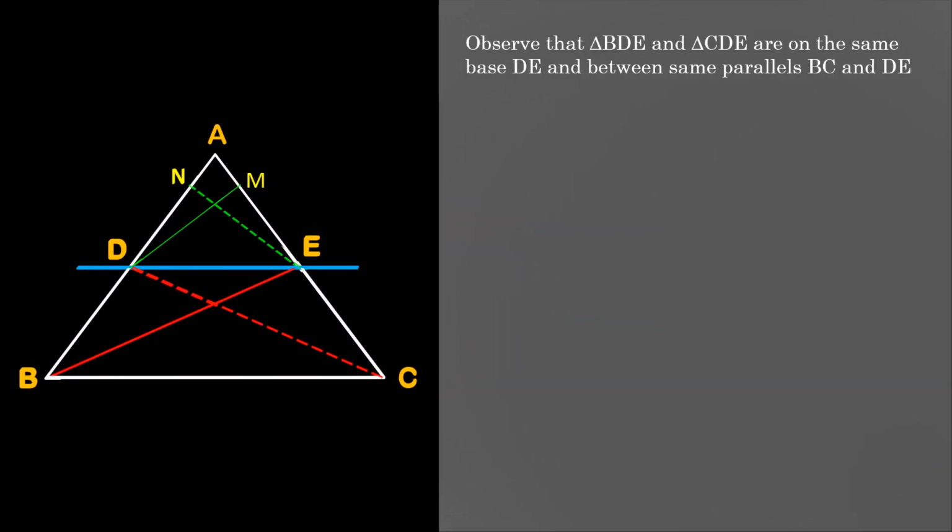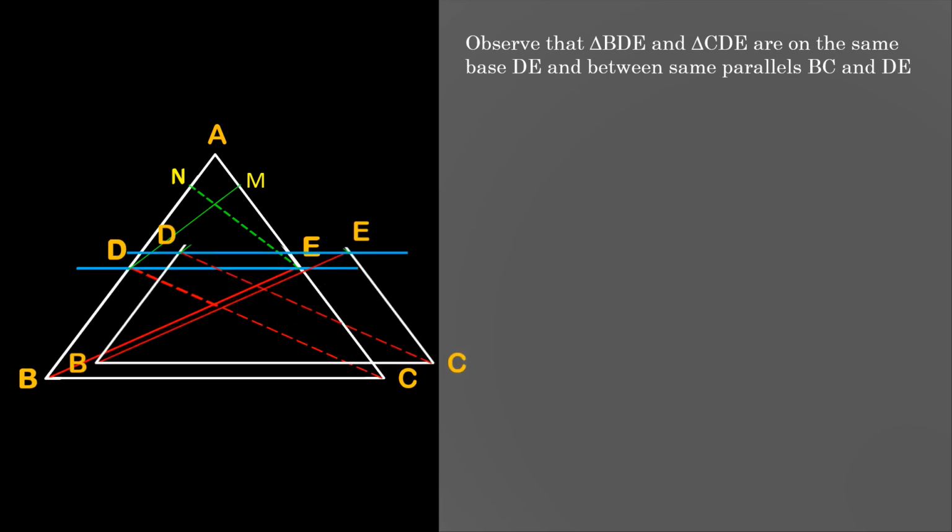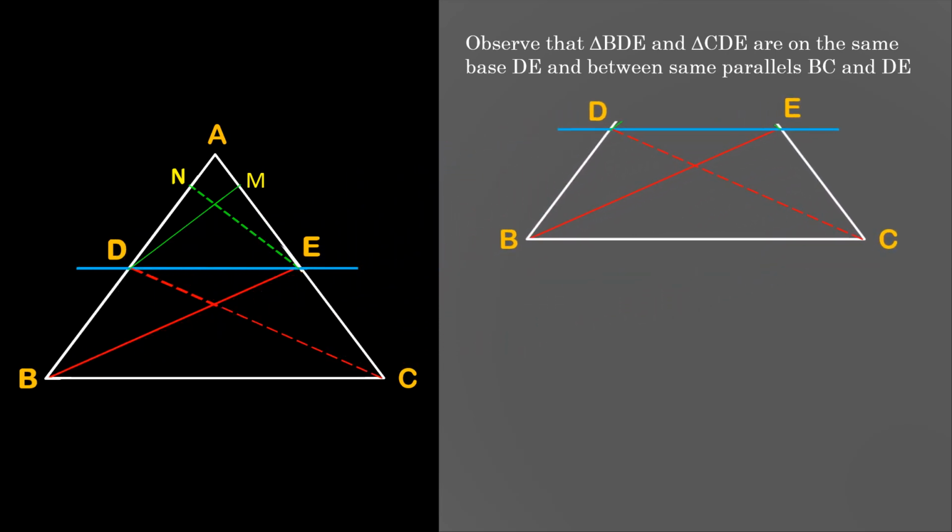Now, from this, observe that triangle BDE and triangle CDE are on the same base DE and between the same parallels BC and DE.